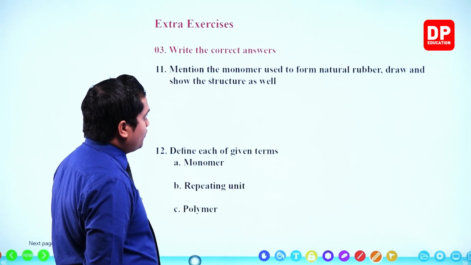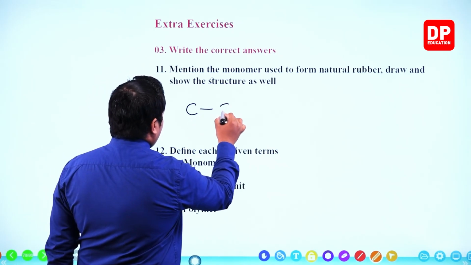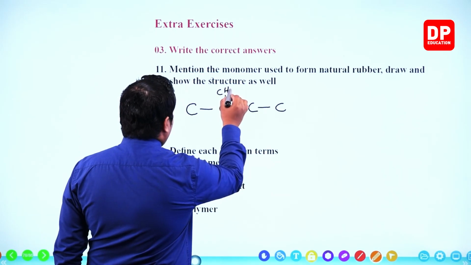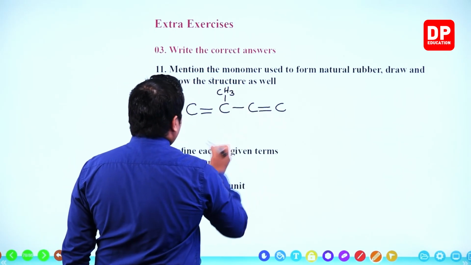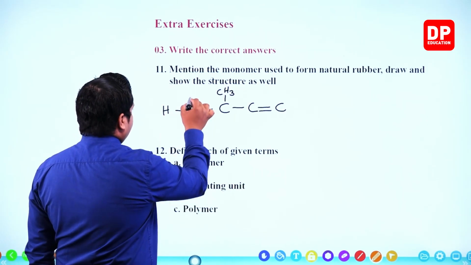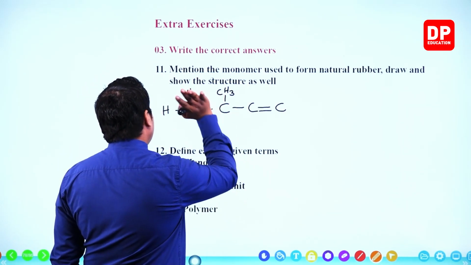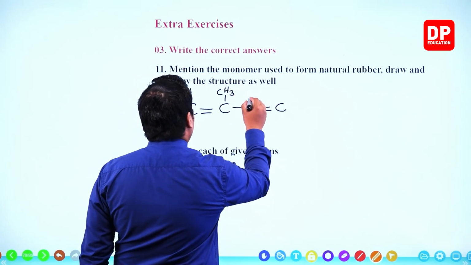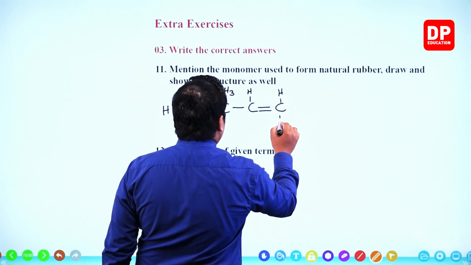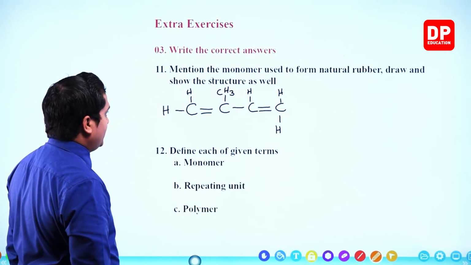So the monomer used to form natural rubber is called the isoprene molecule. 1, 2, 3, 4, CH3, at the 2 ends double bonds, then all the others are hydrogen. 1, 2, 3, 4 completed. 1, 2, 3, 1 should be there. 1, 2, 2 should be there. So this is the isoprene molecule, my dear children. Okay, isoprene.